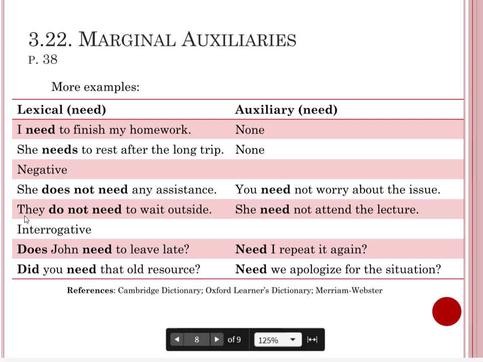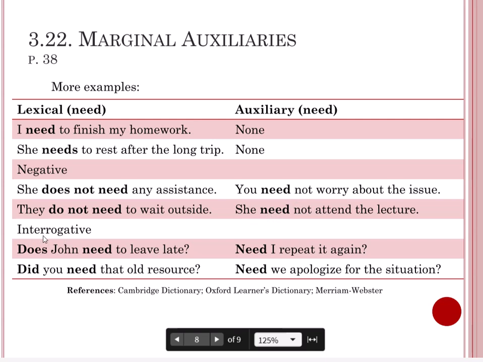The other example, lexical, they do not need to wait outside. Again, an operator, and then we have the lexical verb need followed by to because it is also followed by another verb, while with the auxiliary, she need not attend the lecture. Need followed by not, and there is no -s as third person singular, there is no showing of concord.